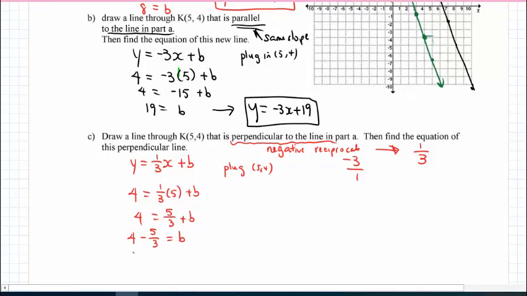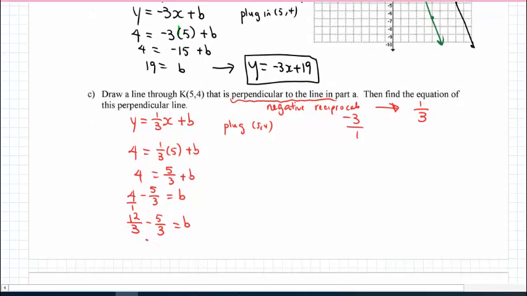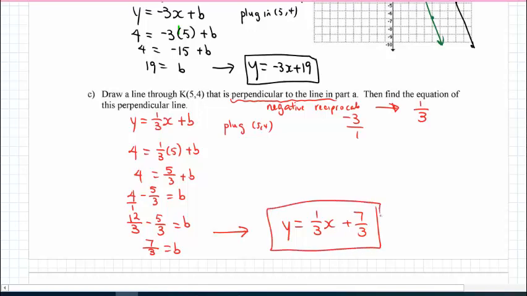This time, do you remember how we have to find the common denominator? Oh, please say yes. Common denominator here is 3, so 4 times 3 is 12. The number 4 is the same thing as 12 over 3. And then, of course, once we found the common denominator, we can subtract. So 12 minus 5 is 7. Don't be afraid of fractions. Here is our final answer. 1/3 x plus 7 over 3. Done.